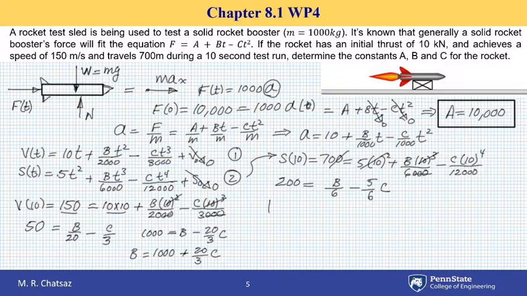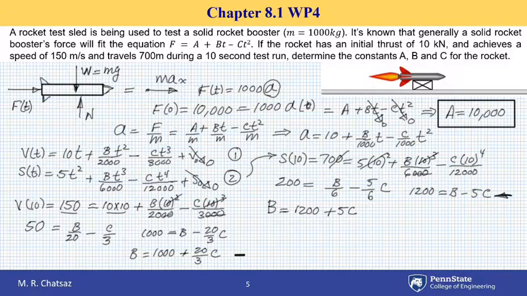So I can solve this equation. If I multiply both sides by 6, I'll have an easier version of it. 6 times 200 is 1200 equals B minus 5C. But I already found B right here, so I can plug it in there and solve for C. Let's first solve for B. If I solve this equation for B, B equals 1200 plus 5C.